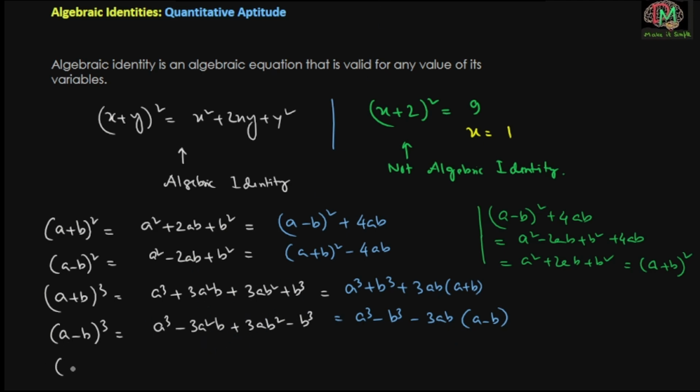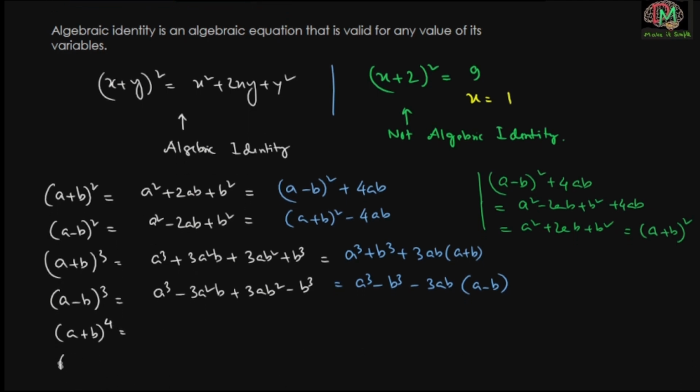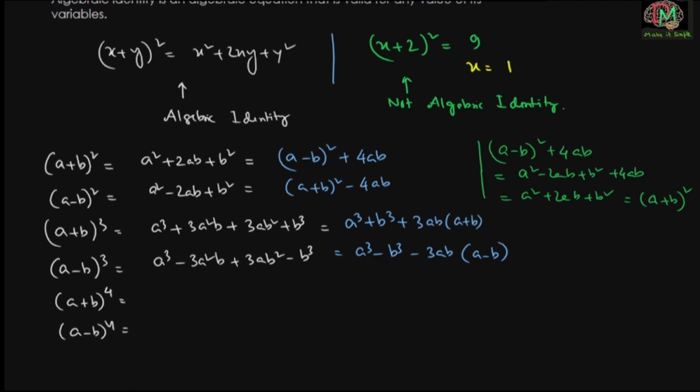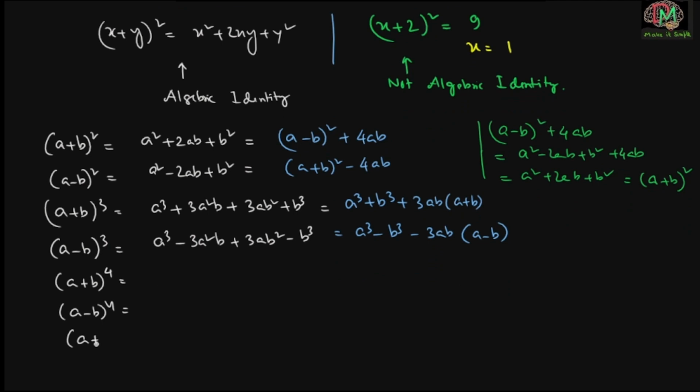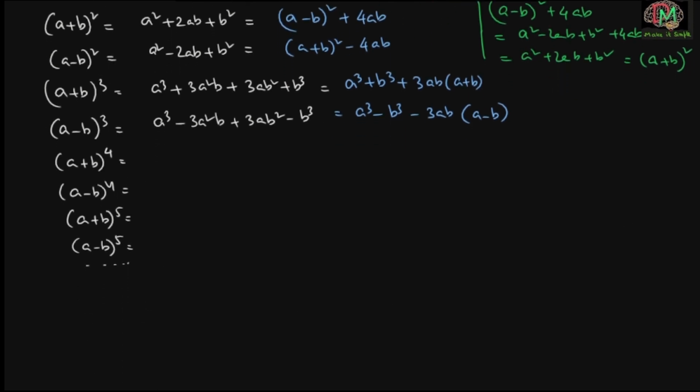Next you can also write (a + b)⁴, or (a − b)⁴, or (a + b)⁵, or (a − b)⁵, and so on. And for this you should have some knowledge about the binomial theorem.